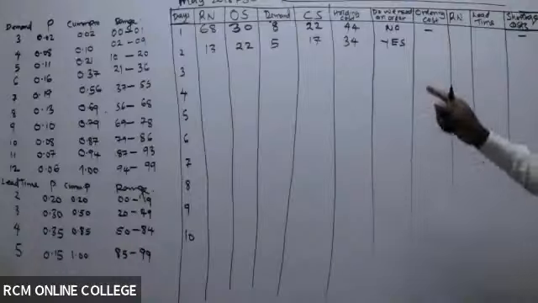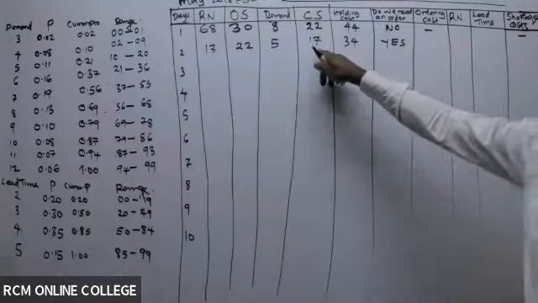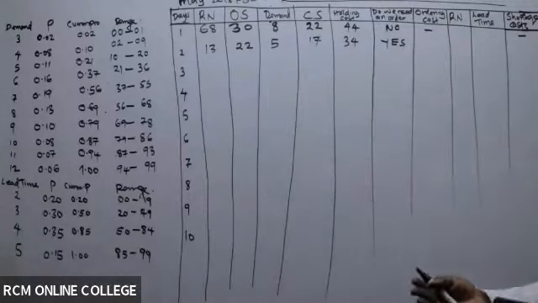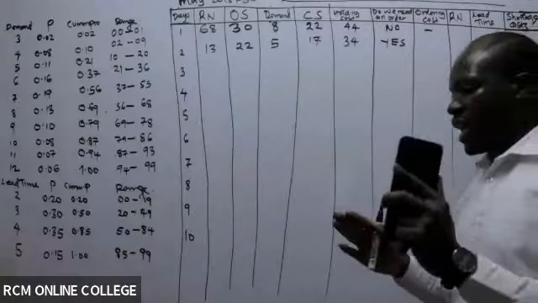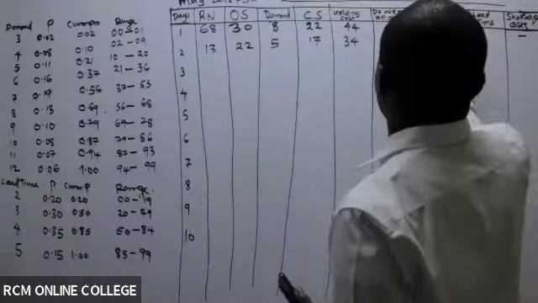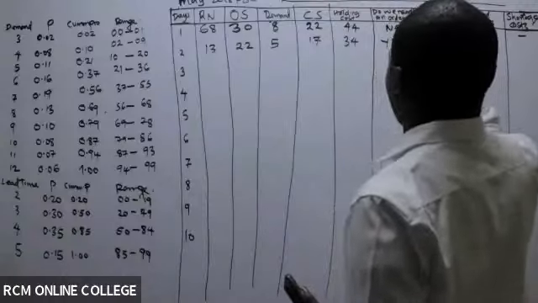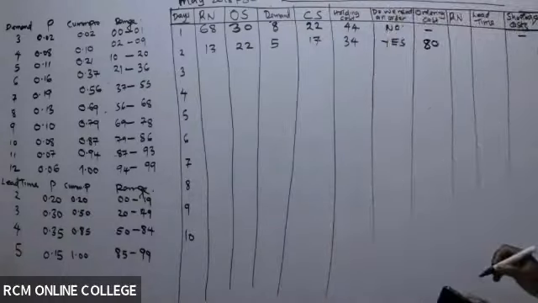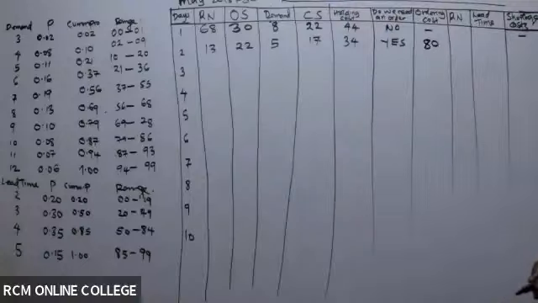So you cannot take 80, you multiply by 17. You cannot take 80, you multiply by 40. No, we take 80 the way it is and put it here because we're only making one order.